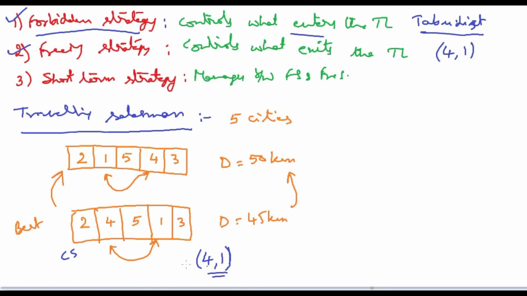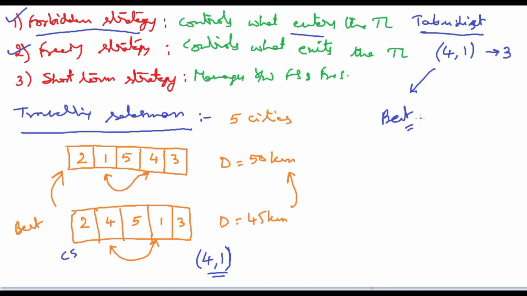For example, after that we have done some other things, and maybe this should be in the taboo list for 3 iterations in general. But after the first iteration itself, if you change this, you will get a very good result, much better than previous results.